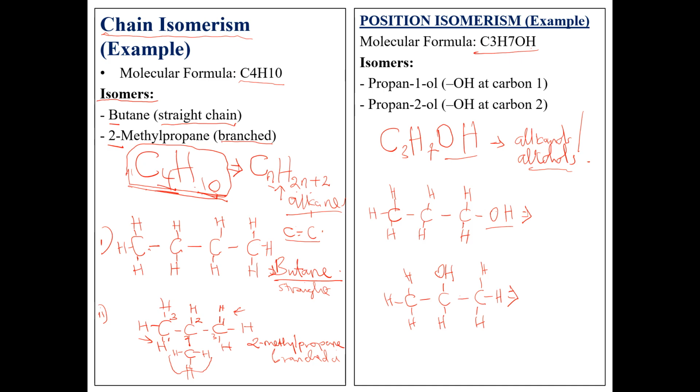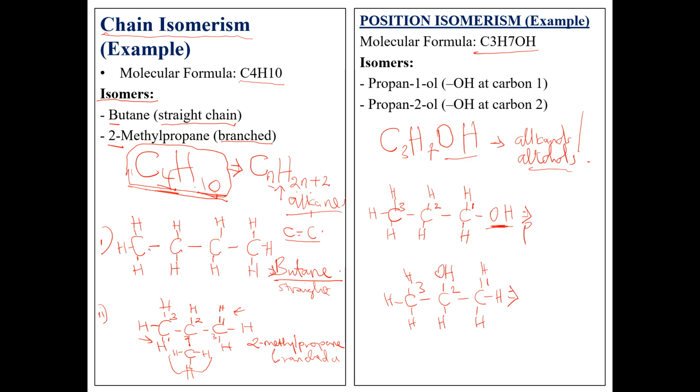So we can see they all have prop as our prefix. But because they are alcohols, they become propanol. Now this one is on carbon 1. This is carbon 2, carbon 3. This is carbon 1, carbon 2, carbon 3. So you can see the functional group in the first is on carbon 1.